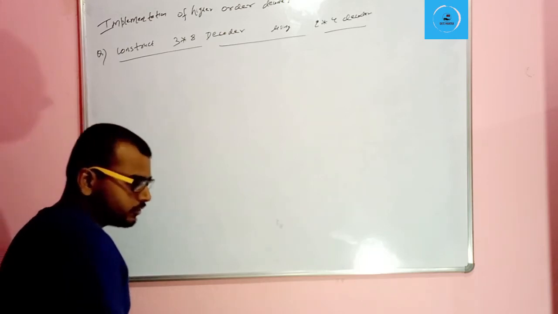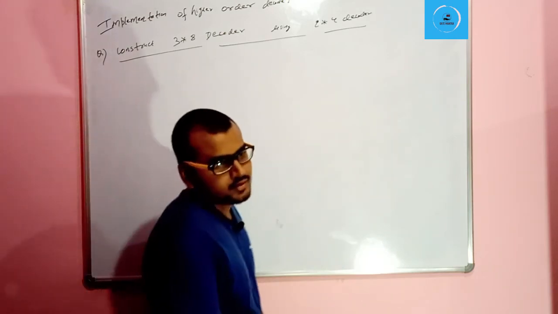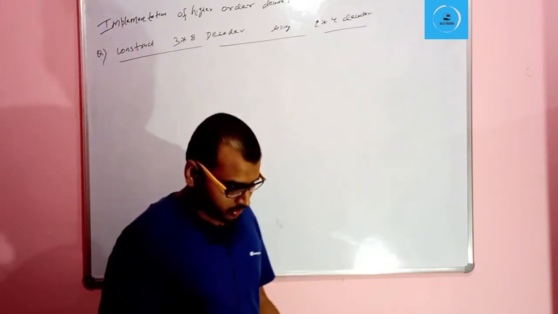So the question is: how many 2 to 4 decoders are required to construct the 3 to 8 decoder?